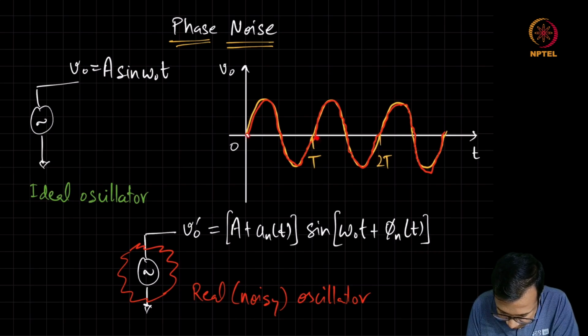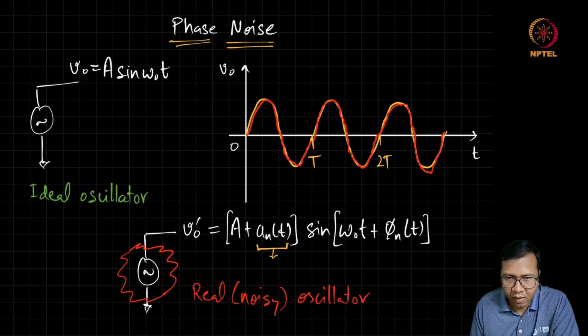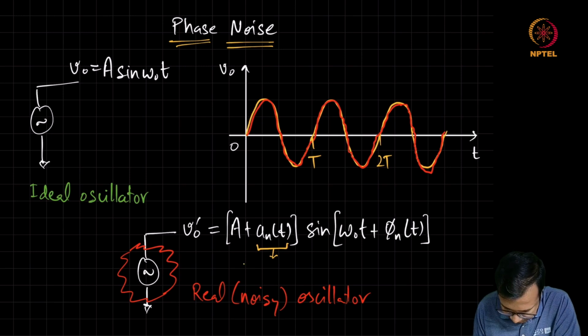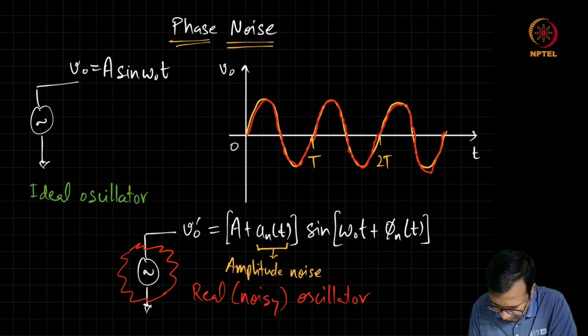If we observe the zero crossing instances for this noisy oscillator, we will see that the effective period is no longer the same as what we had got for the ideal oscillator, but it is sometimes more or sometimes less than capital T. So in general, the output of a noisy oscillator can be written in this form, where this small a_n captures the perturbation in the amplitude, and this phi n captures the noise in the phase.